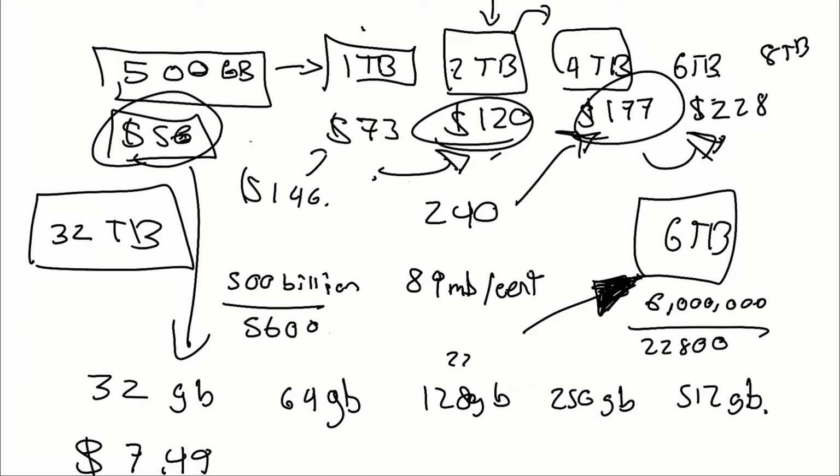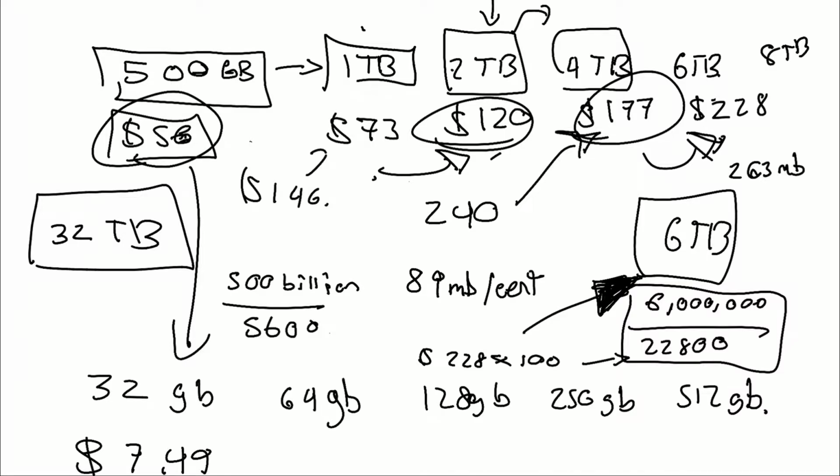Because if we have $228, to convert to cents you multiply by 100, so you basically just add 2 zeros. So this division is going to give me 263 megabytes per cent. Okay, so 1 penny gets you that much space.